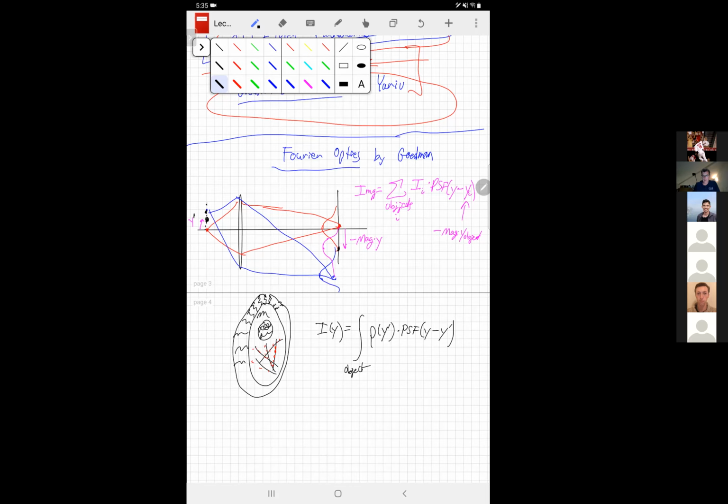All I'm saying is, I've got to figure out how many objects I have at some coordinate y prime, here in the object plane, that would produce an image centered at this point. Okay, that's what I want to know. How many objects do I have that would produce an image centered there? That's rho of y prime.